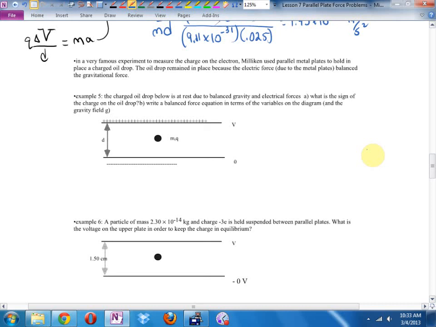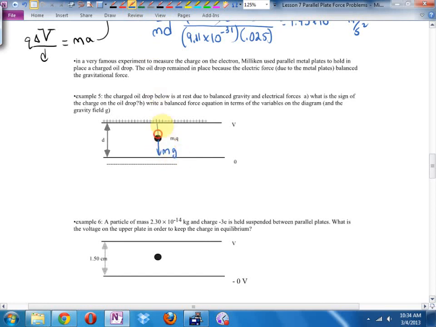See, the problem, Sam, if you want to try finding the charge on a single electron, its mass is so small, gravity won't really be there. So what Millikan did is he got an oil droplet which had enough mass that gravity did want to pull it down, and he suspended it between two plates. In fact, in terms of a free body diagram, we would say this. What are the forces acting on this drop? Get the obvious one.